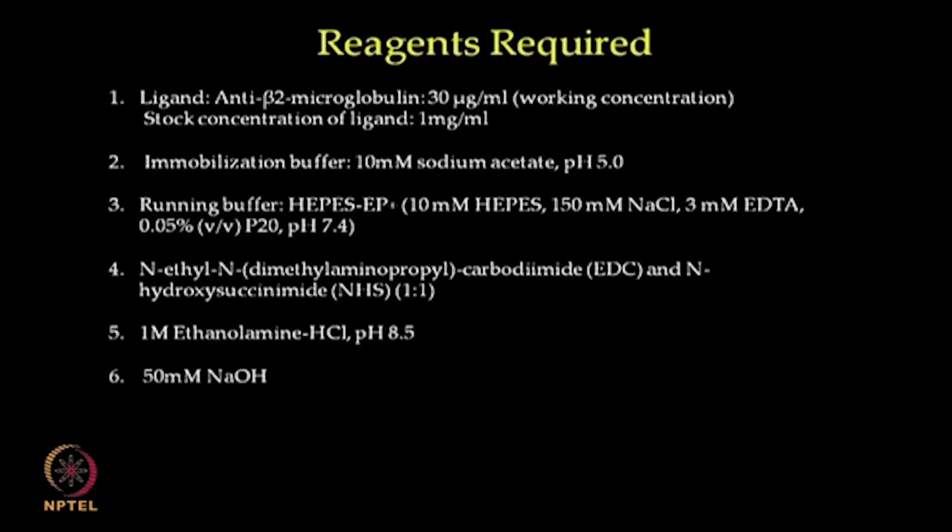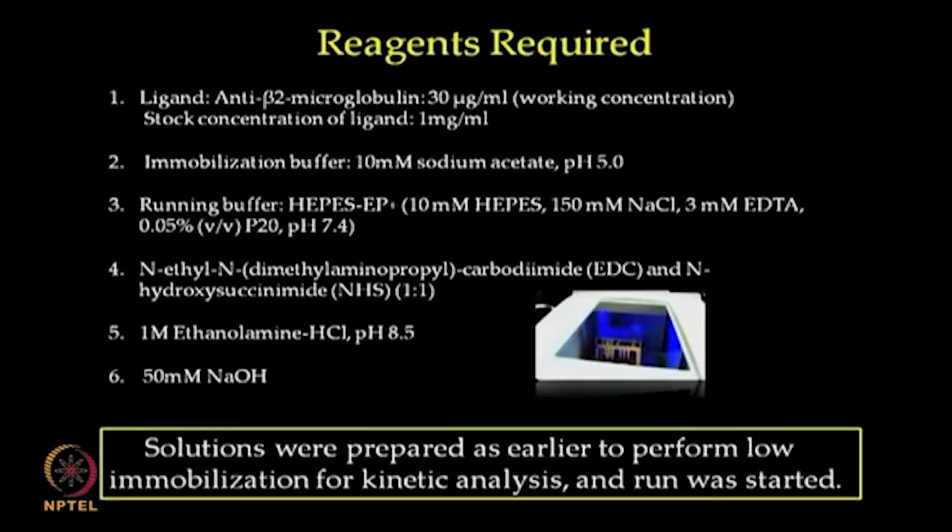Lastly, 50 millimolar NaOH was prepared, which will be used to remove the electrostatically bound ligand. We prepared the above mentioned solutions, transfer them to appropriate sample vials, place them in the suitable rack and start the immobilization run as we did in lecture 33. To save time, we shall now proceed directly to analyze the data obtained from immobilization of beta-2 microglobulin antibody.